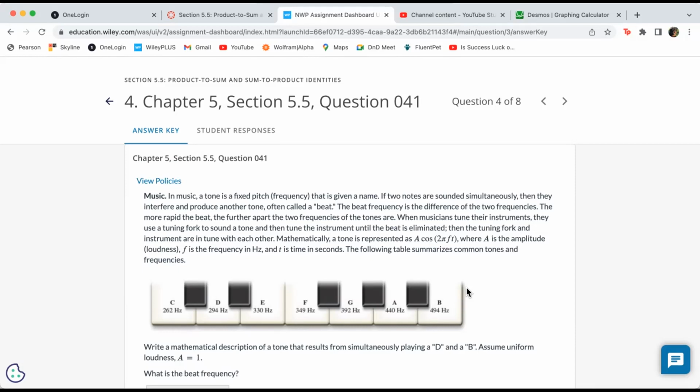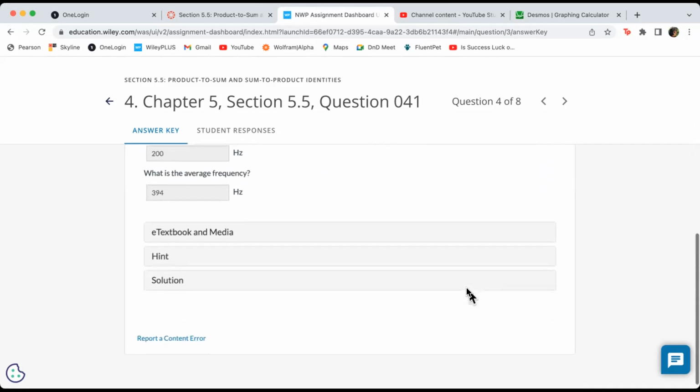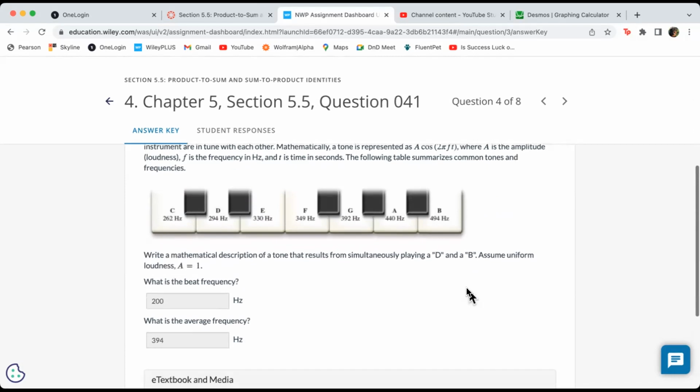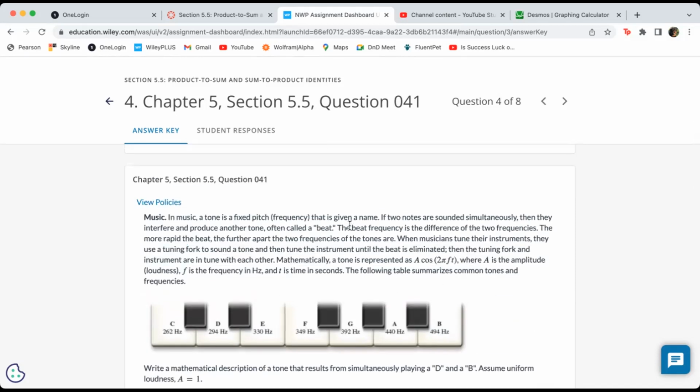So a higher frequency will result in a shorter period, and thus a higher note. The key thing in this problem is just that the beat frequency is the difference of the two frequencies.